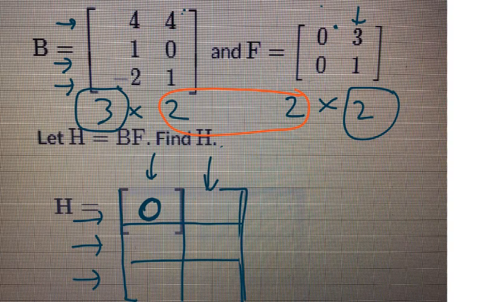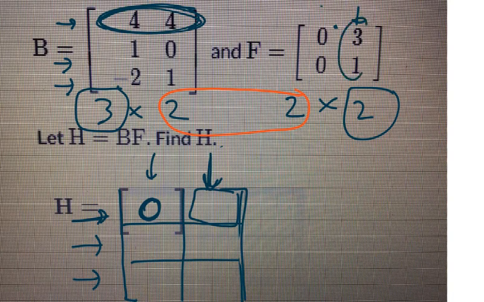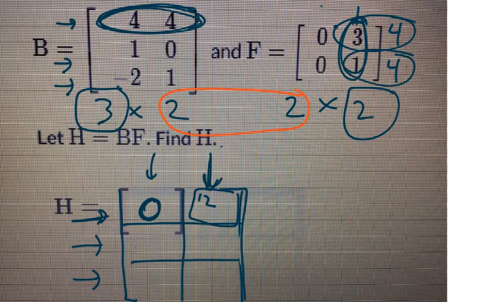Let's do this one here, which is the first row, second column. So we're going to take the first row with the second column, lining it up next to the second column there. 3 times 4 is 12. 4 times 1 is 4. 12 plus 4 is 16.